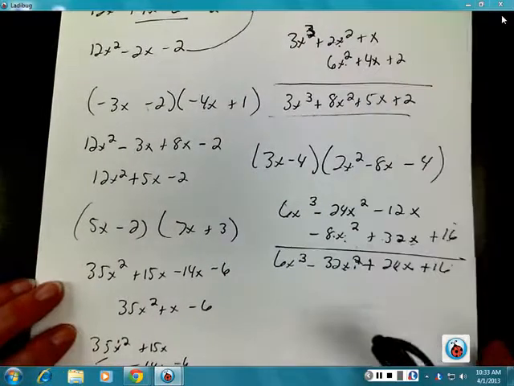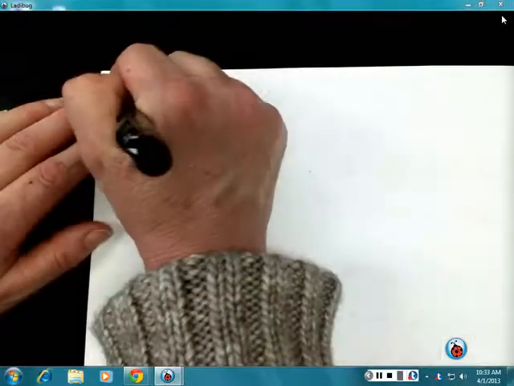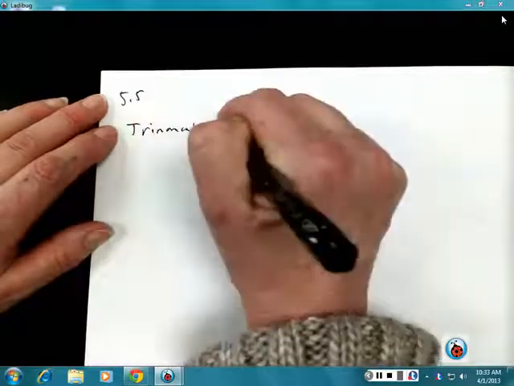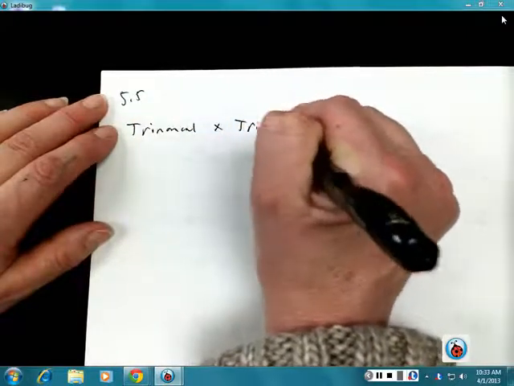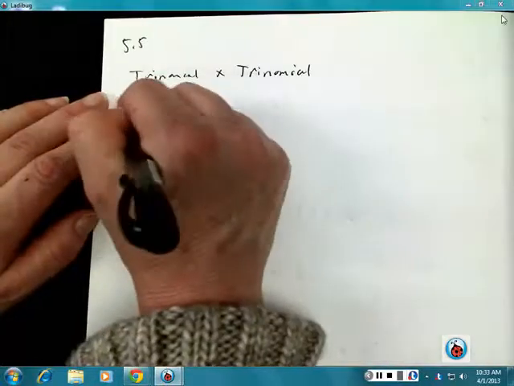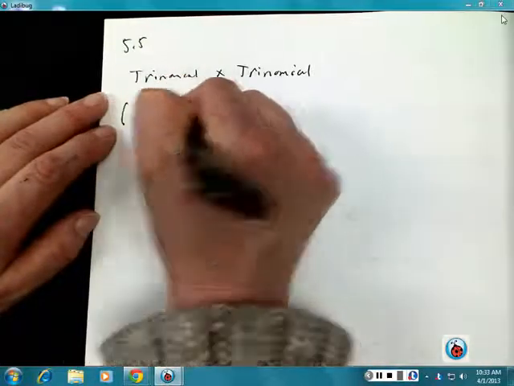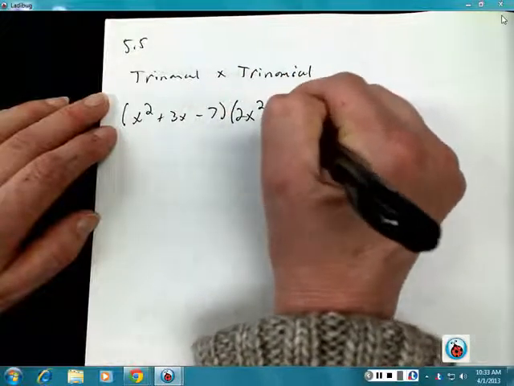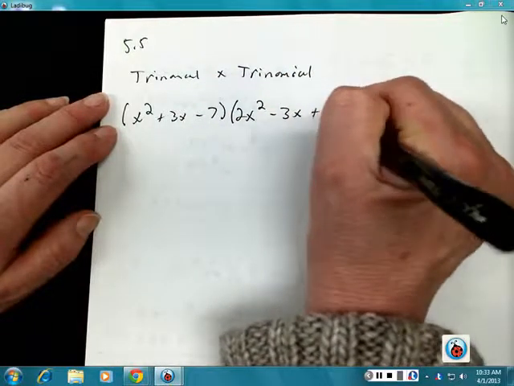And the last piece, 5.5, is a trinomial times a trinomial. So something like x squared plus 3x minus 7 times 2x squared minus 3x plus 9.